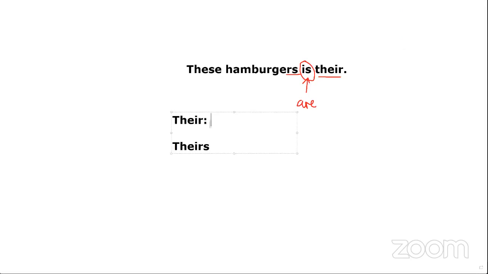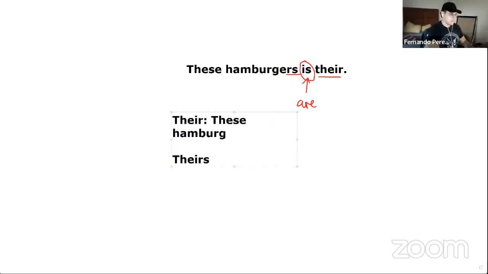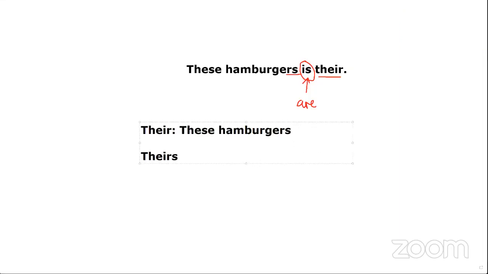These hamburgers. They're. These hamburgers.